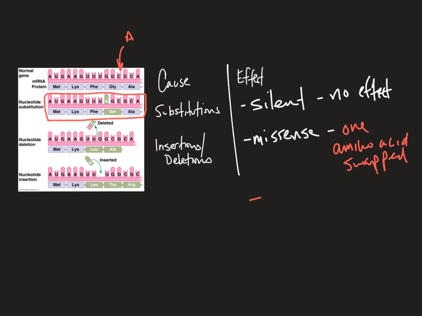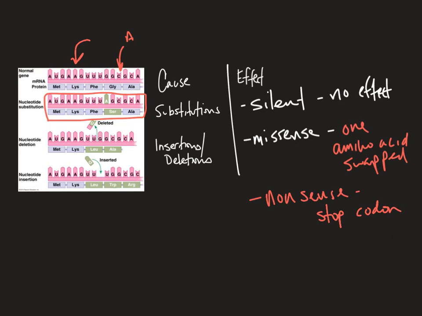We also have what's called a nonsense mutation. And a nonsense mutation is caused by a stop codon. It's not shown on this one, but let's say this one went in right here, we swapped this one to a stop codon.